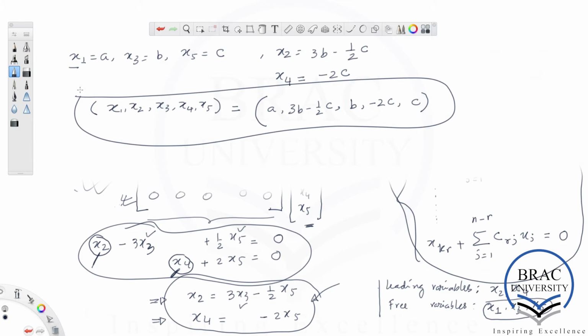So this is your solution set for the matrix R given by example 1. Right, let me check if the solution set is correct. Right, it's correct. Good.